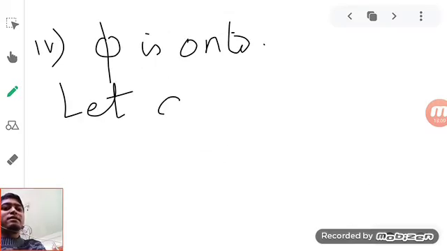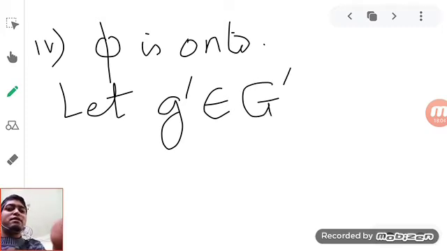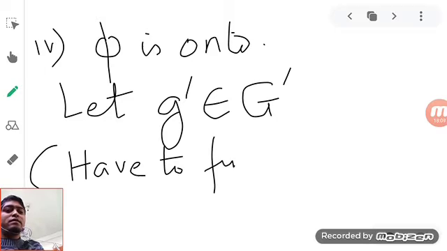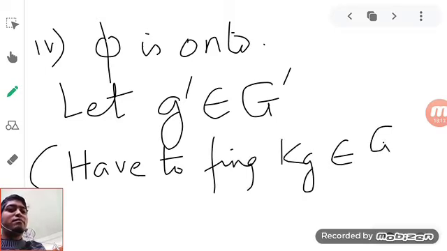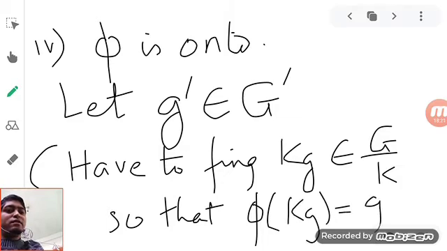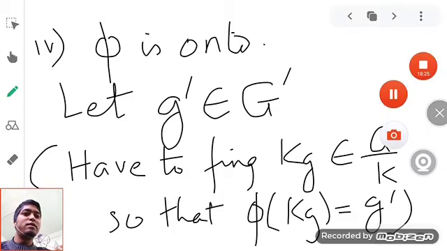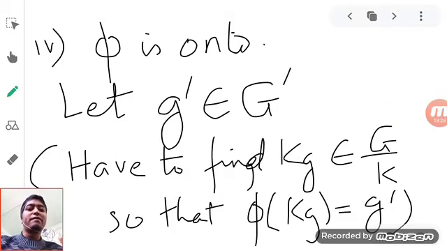Let g dash belong to G dash. What do we have to do? We have to find Kg belonging to G by K so that phi(Kg) equal g dash. We have to show that Kg exists.